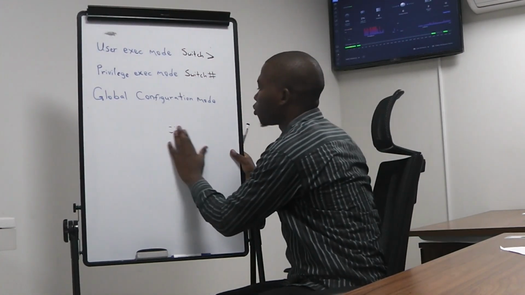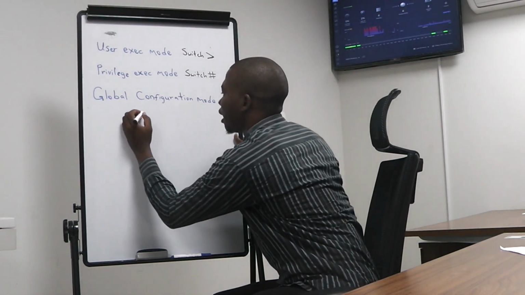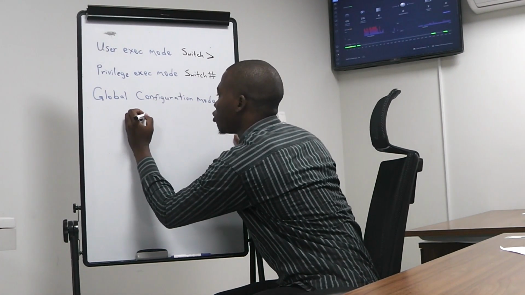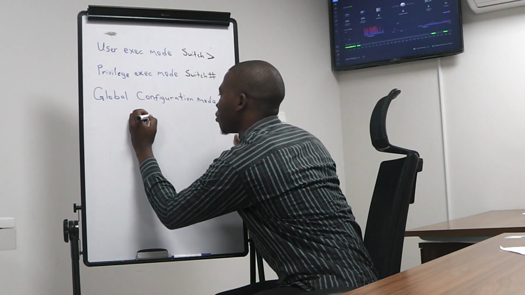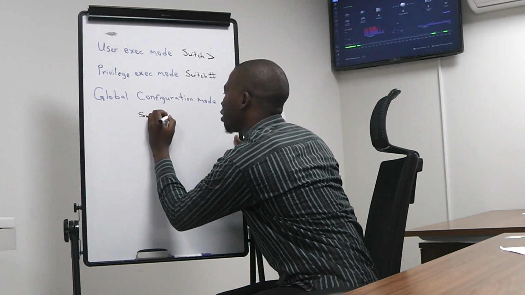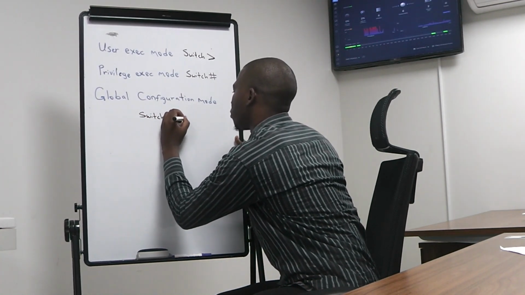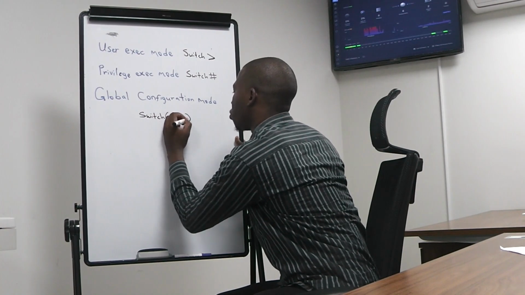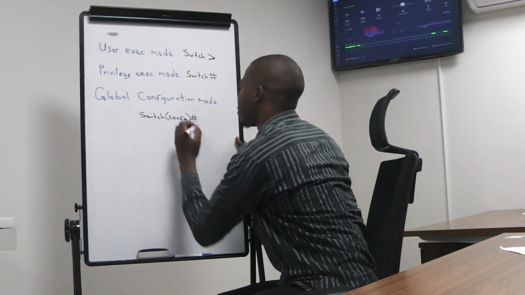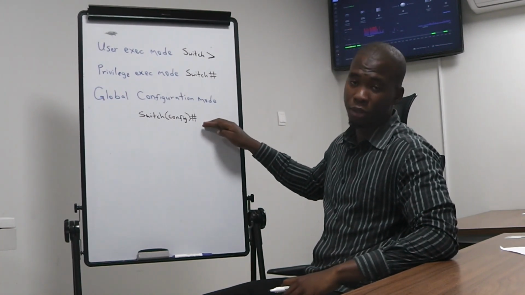For you to know that you are at the global configuration mode, you will see this prompt, again switch, and then in brackets you will see config, close bracket, and a hash. Upon seeing this, you should know that you are in the global configuration mode.